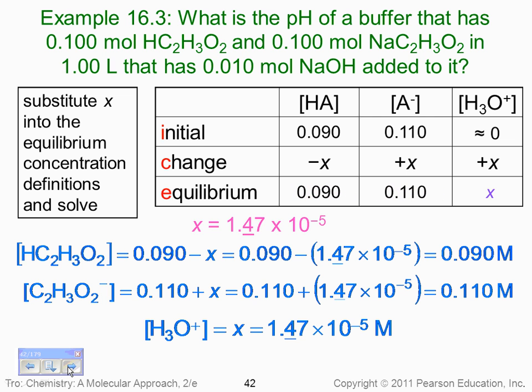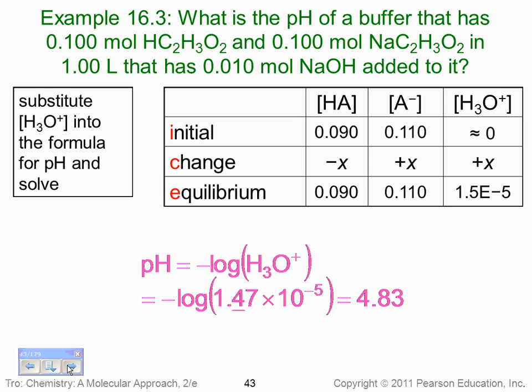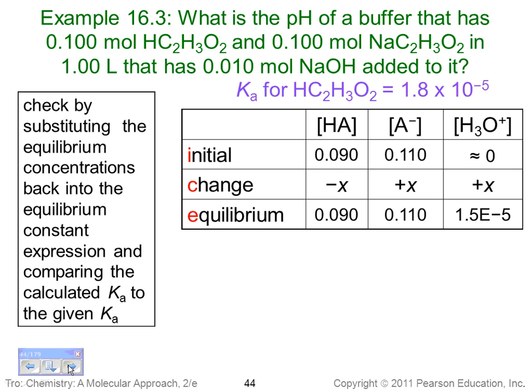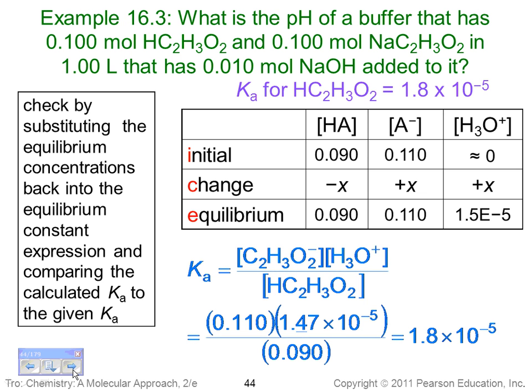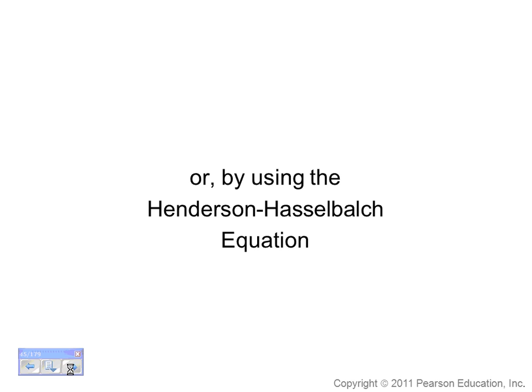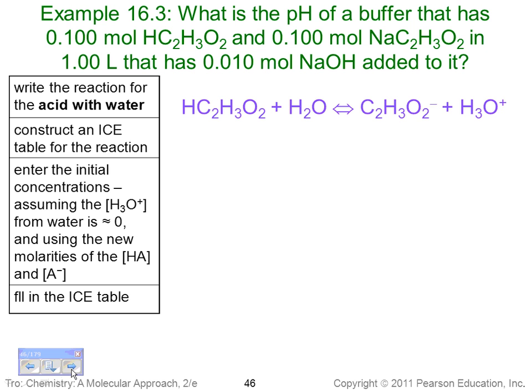And then once you know the value for x, because x represents the hydronium concentration, then you just take the negative log of it and you get the pH, 4.83. Or alternatively, you can do the Henderson-Hasselbalch equation on that equilibrium. Choice is yours.